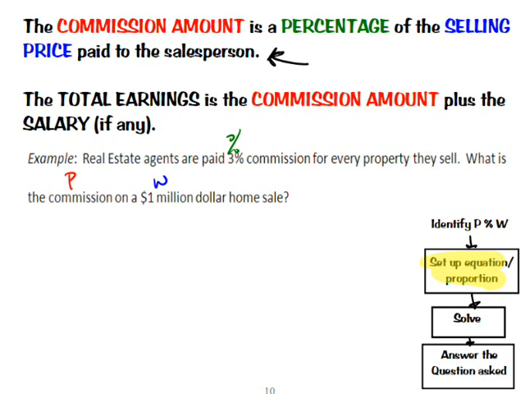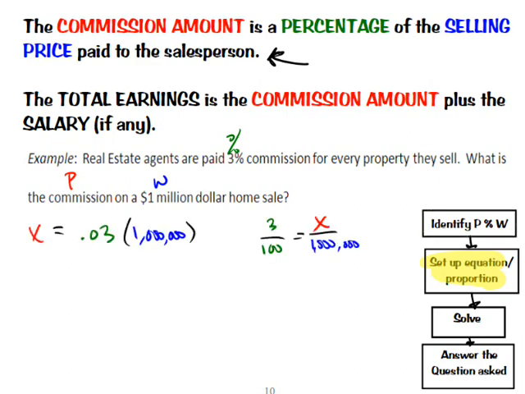So let's go ahead and set up our equation or proportion. And there we go. The commission amount is what we don't know, so that is our unknown, or x. The percentage in the equation format needs to be changed into a decimal or fraction. Otherwise, in the proportion form, it just goes right here over 100.